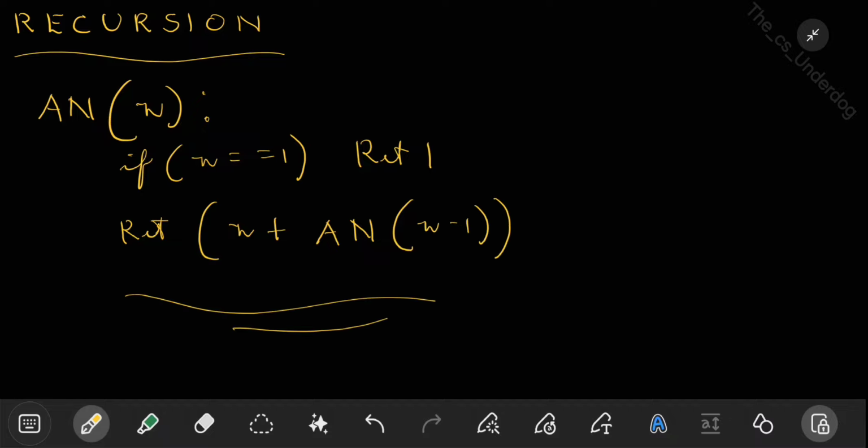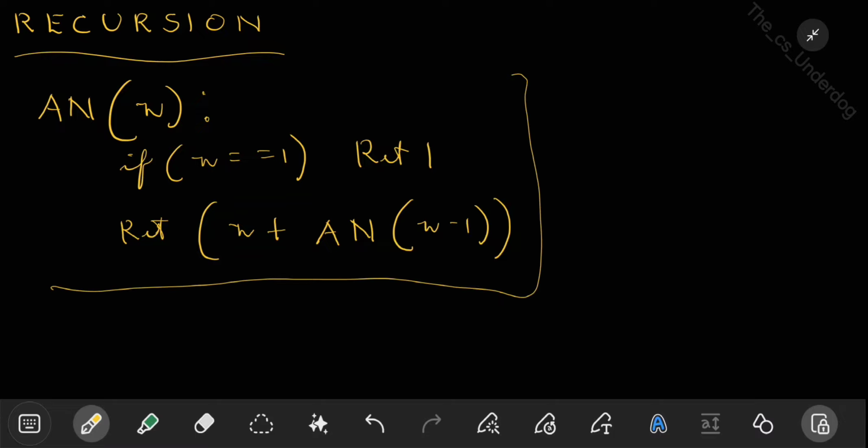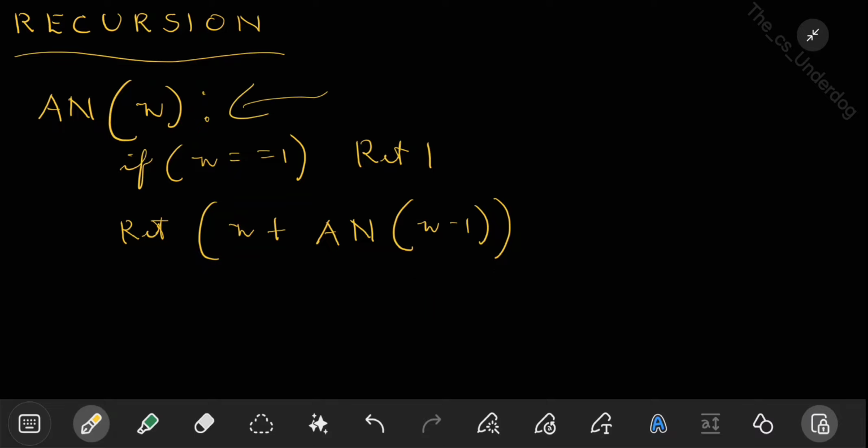This is my complete recursive function. If you compare this with the iterative solution, this is much easier to understand and more logical. How are you calculating the sum of n natural numbers? You add n to the sum of n minus 1 natural numbers. This is the simplest way I can explain.